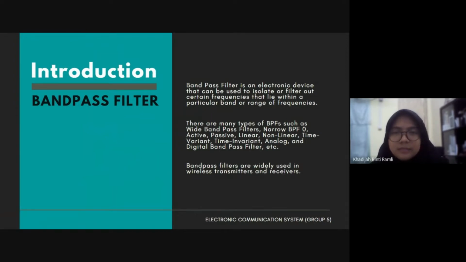A bandpass filter is widely used in wireless transmitters and receivers. It can be found in sonar, electrocardiograms, lasers, and more. We can say that bandpass filters are used in every industry in different ways and for a different purpose.